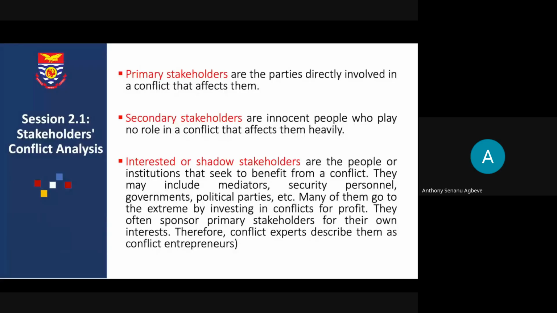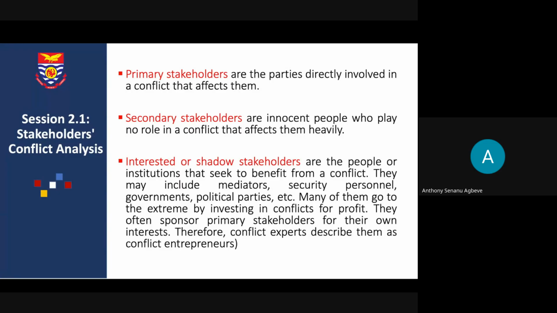So these people here, we term them as shadow stakeholders, because they are behind the scenes financing the conflict, right? Probably their interest is that they belong to one of the conflicting groups, so their interest is that at the end of the day, the person they are supporting should prevail.